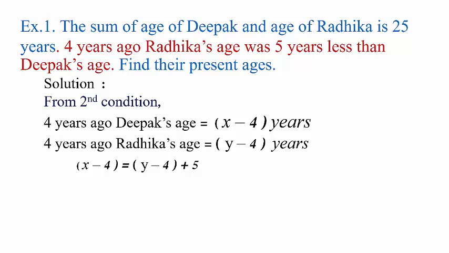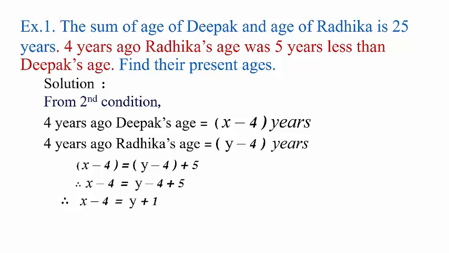So this total information is converted into the equation, and then we make it simple: variables at the left hand side and constant numbers at the right hand side. So for that the steps are as follows.